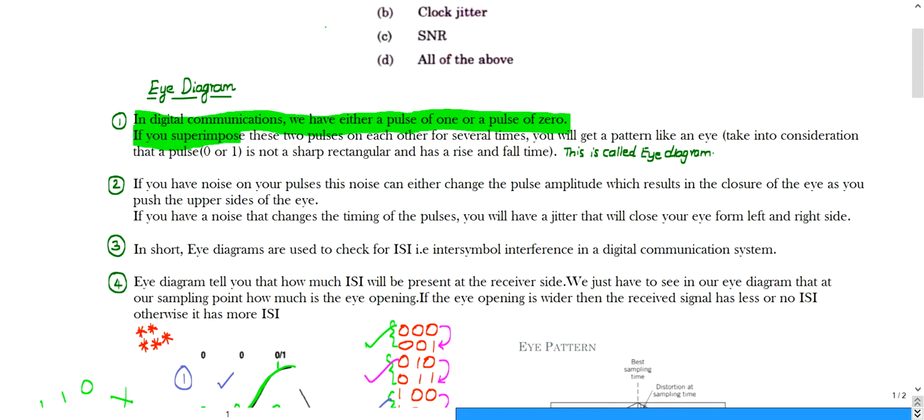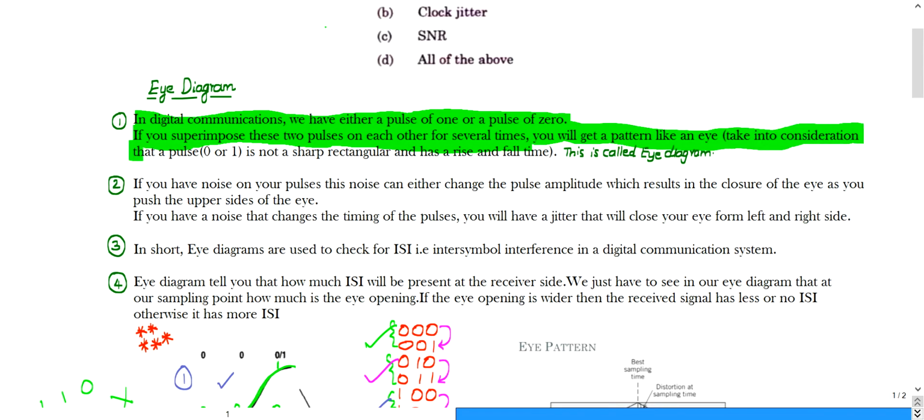If you superimpose these 2 pulses on each other several times, meaning all the possible combinations of zeros and ones for 3 bits, you can go for 4 bits also, you will get a pattern similar to a human eye, taking into consideration that a pulse 0 or 1 should not be a sharp rectangle, because we are analyzing a practical situation, and it should have some rise time and some fall time. This is called an eye diagram.